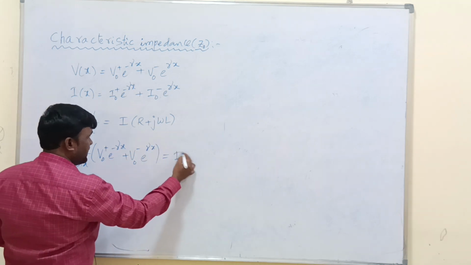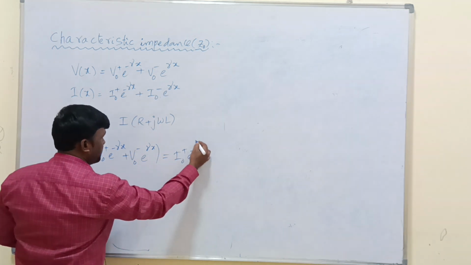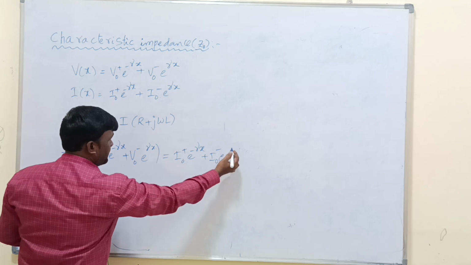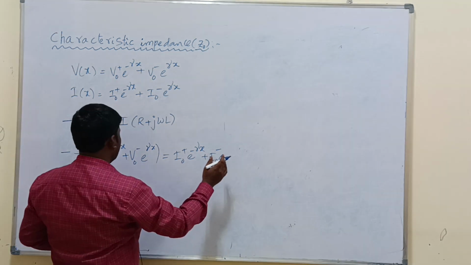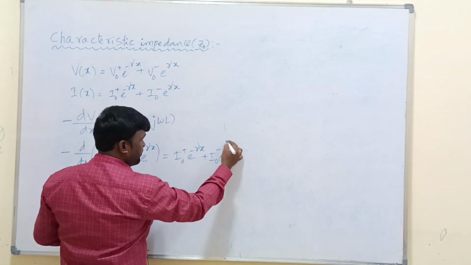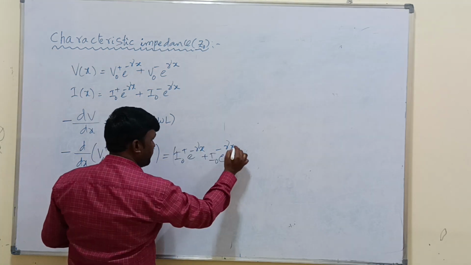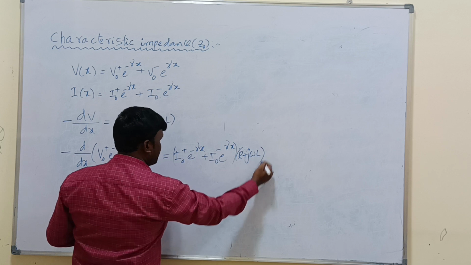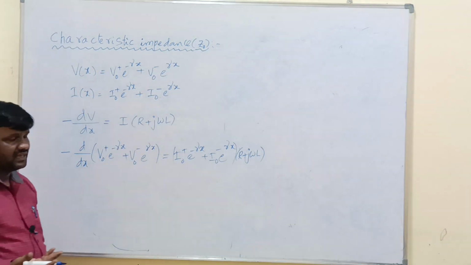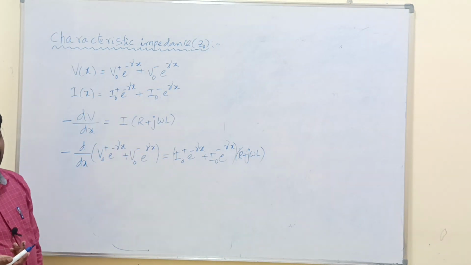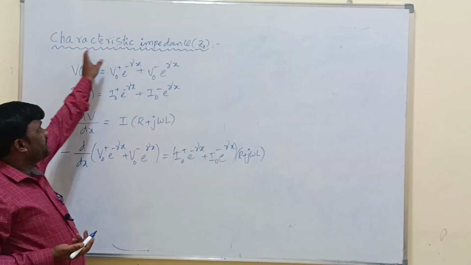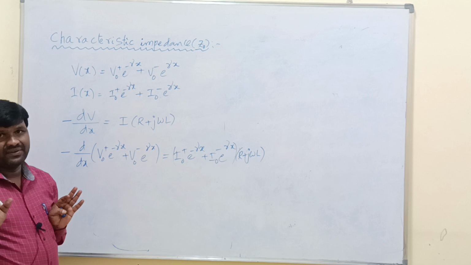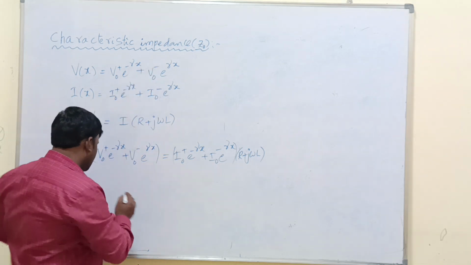Similarly, I is I naught plus e to the power minus gamma x plus I naught minus e to the power gamma x, into R plus j omega L. Here we simply substituted V and I. Why are we substituting? Basically we have impedance, which is the ratio of voltage to current. So the characteristic impedance is defined like this.